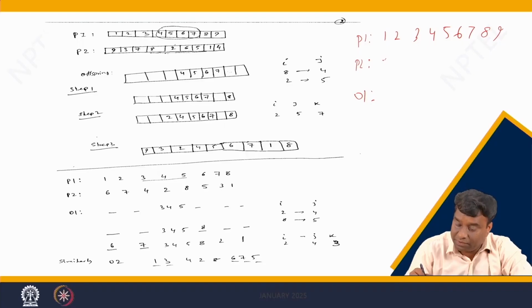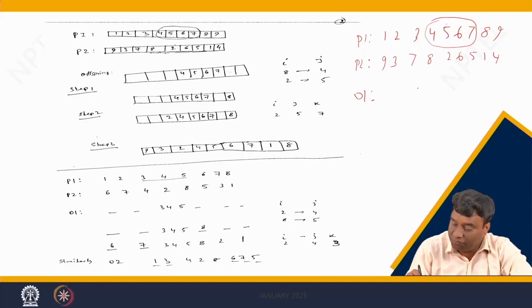P2 is 9, 3, 7, 8, 2, 6, 5, 1, 4. So there are a total of 9 places. Let the strip be 4, 5, 6, 7, so there are 3 places on one side and 2 on the other.